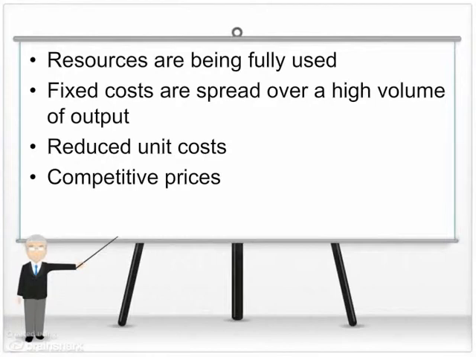At high or full capacity, the business reduces its unit costs, which means the business will make higher profits or can charge lower prices. This option to lower prices means that the business is more competitive, which could result in greater demand for its products.